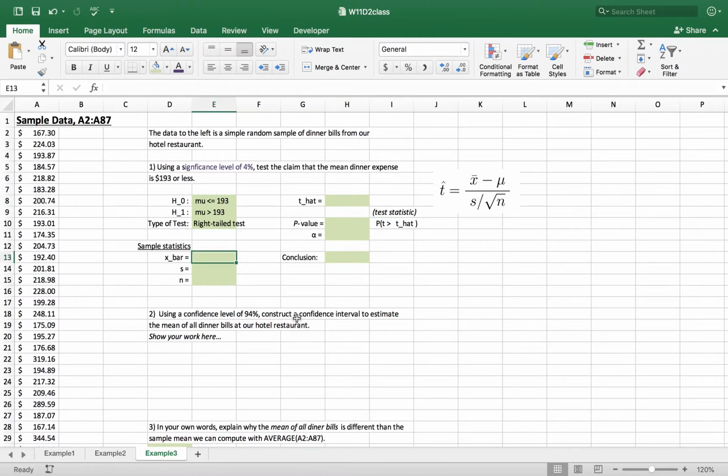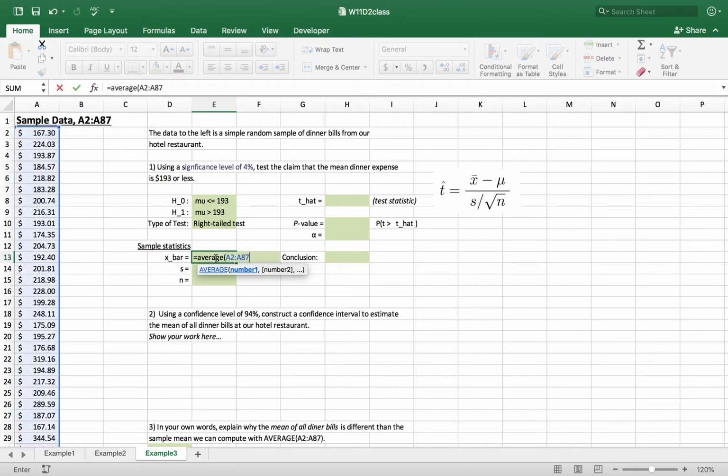All right, so at this point, we use the data to compute our sample statistics, and then we'll use our t hat formula to compute our test statistic. So usual Excel commands. Oops, forgot the equal sign in front of this, and then count.